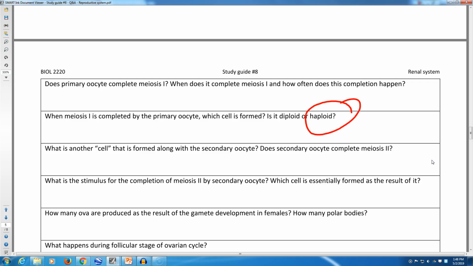Along with the secondary oocyte, polar bodies are produced. Secondary oocyte does not complete meiosis 2. The stimulus for the completion is fertilization. It's the result: the egg or ovum that is fertilized is formed.